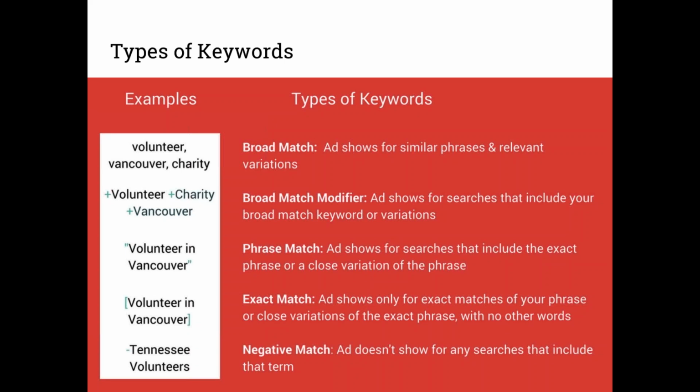Then you've got phrase match, so this is when you put it in quotes. This will look for the exact phrase or a close variation of that phrase, so in our example, volunteer in Vancouver. Exact match is in closed brackets, so your ad will only show if people search that exact term. And then negative match. In this case, I put Tennessee Volunteers, which is a football team in the States. If someone's searching that, they're probably not looking for a volunteer opportunity in Vancouver.